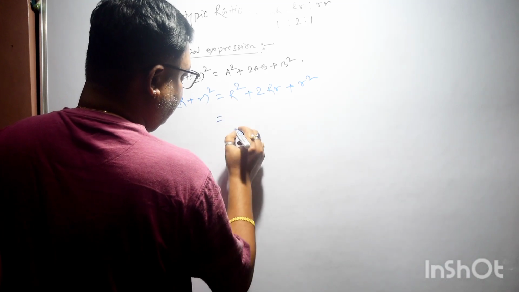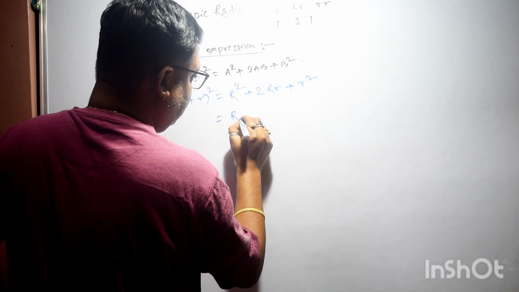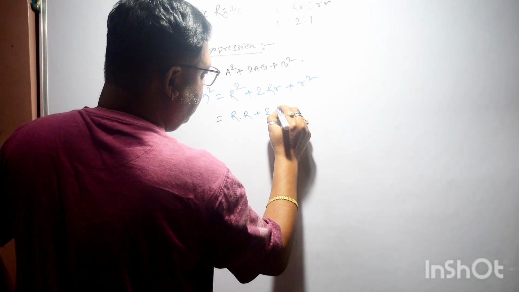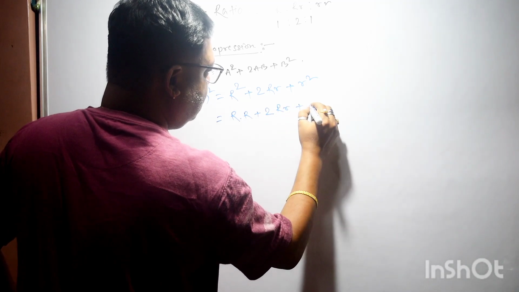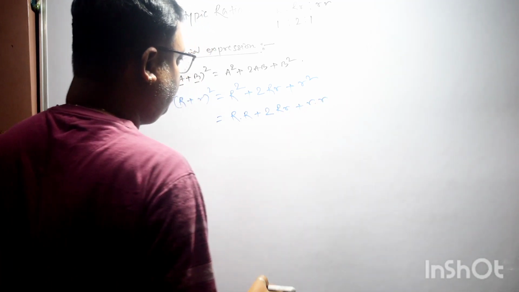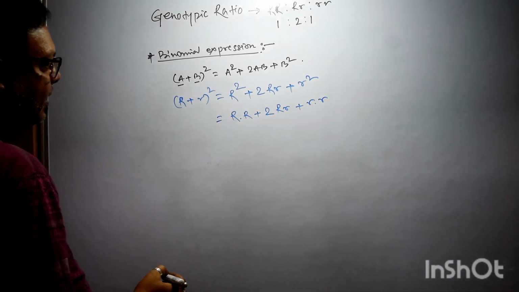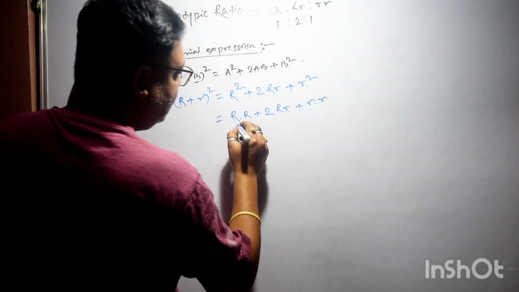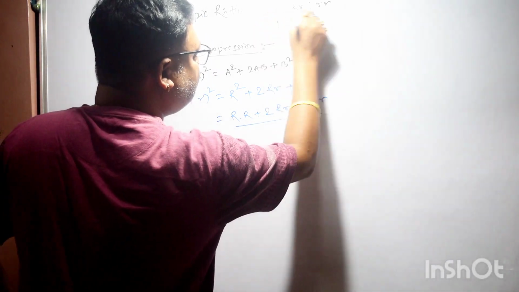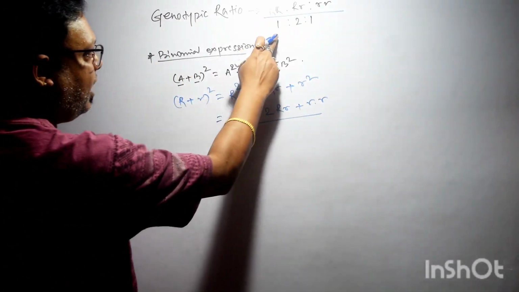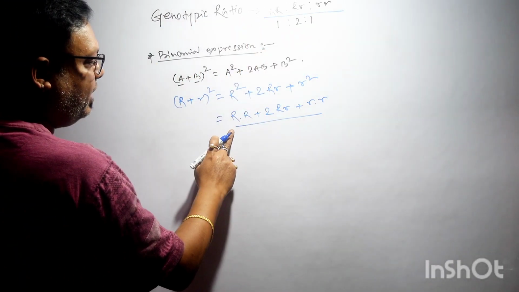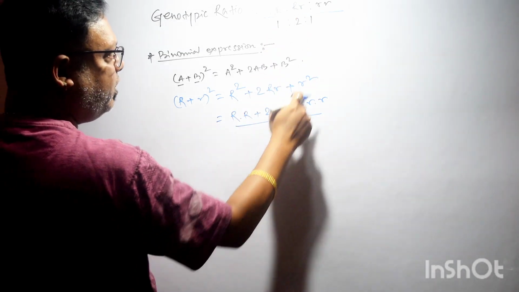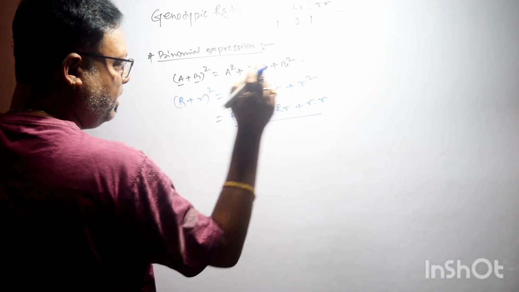Now we can rewrite it this way: capital R into capital R plus 2 capital R smaller r plus smaller r into smaller r. Okay, like this way. This, if you can see here, represents this one: 1 capital R capital R, 2 capital R smaller r, 1 smaller r smaller r.